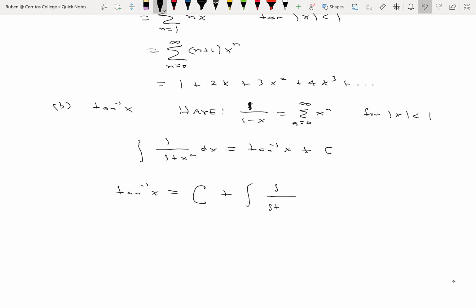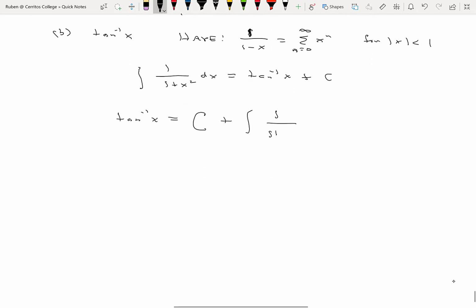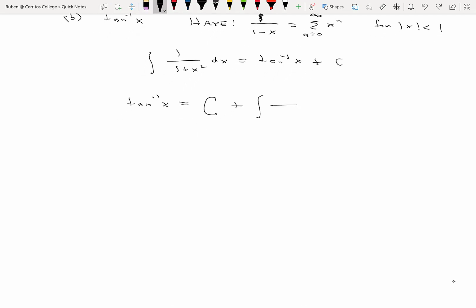My ones are getting really squiggly here. Let's see if I can erase some of these terms. Okay, here we go. We have the inverse tangent of x equals a constant of integration plus the integral of 1 over 1 plus x squared.